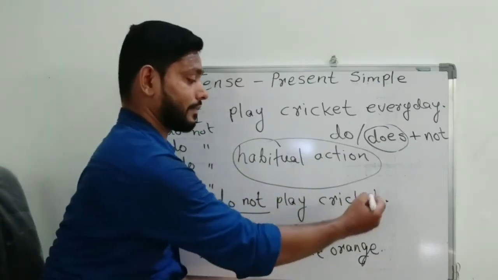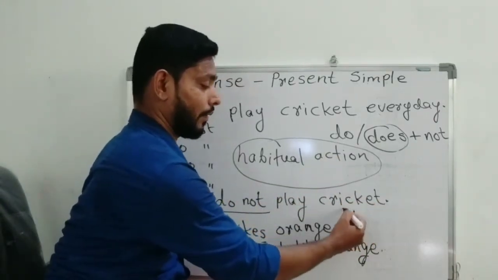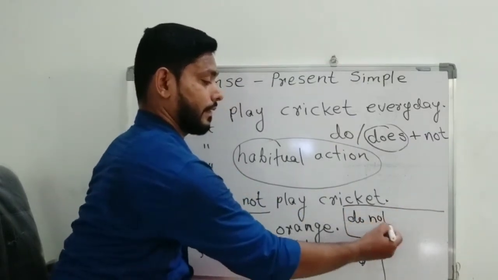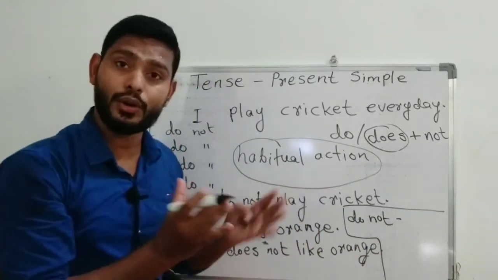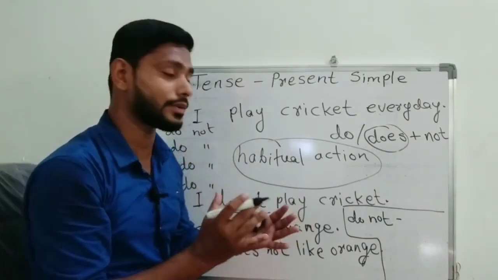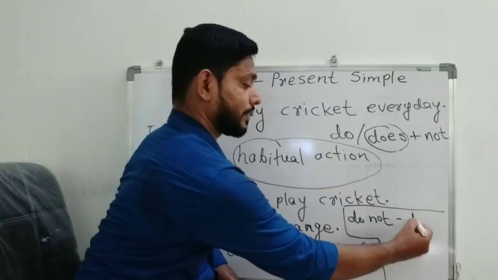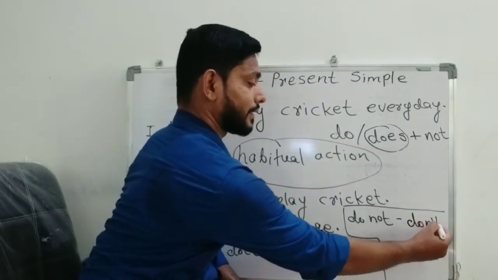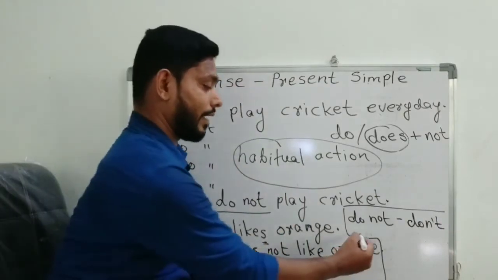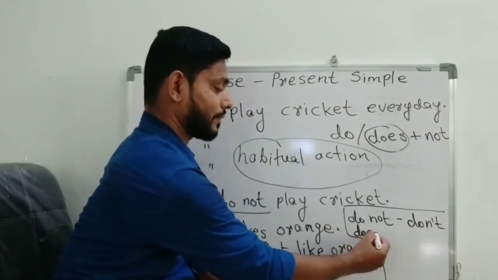That is, do not can be shortened. That is called in English contraction, short forms. Do not is shortened like this, don't, don apostrophe t. And how does not works?